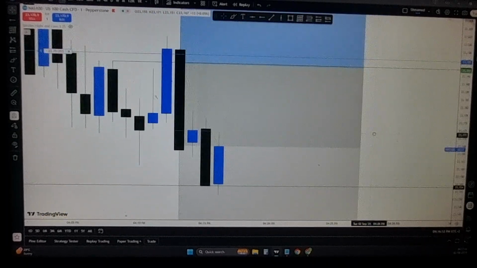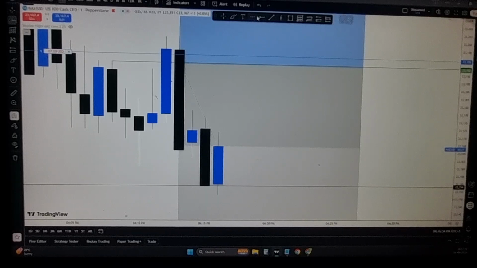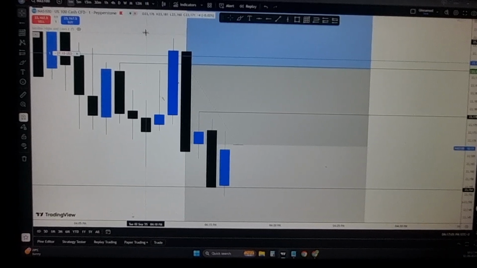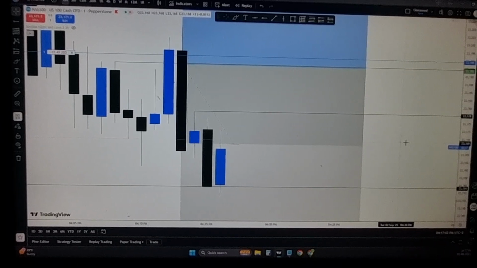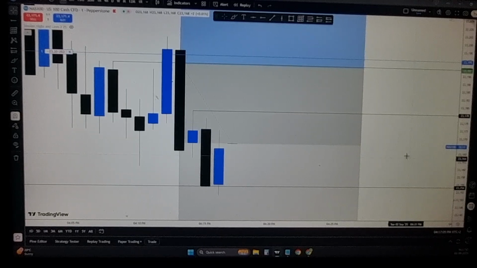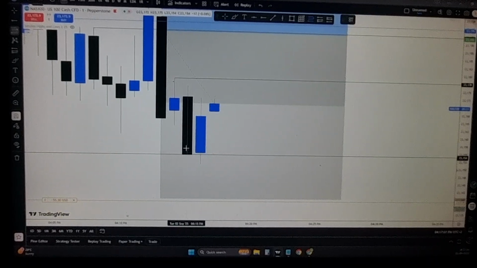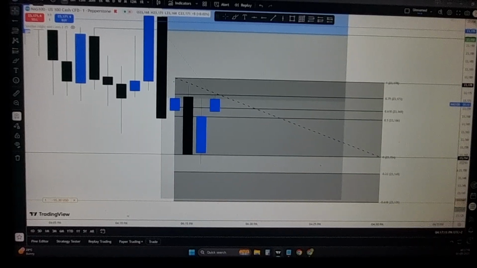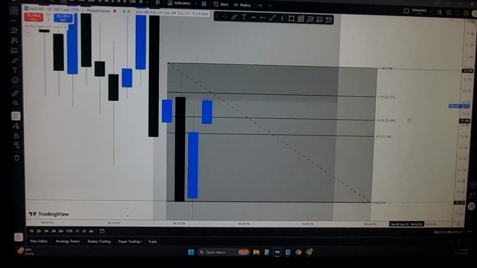Okay, if we break structure here, I'm gonna enter another lot. Then we're gonna be in 2 lots. Okay, so we don't break structure. Or 79% extension closure. Let's see.